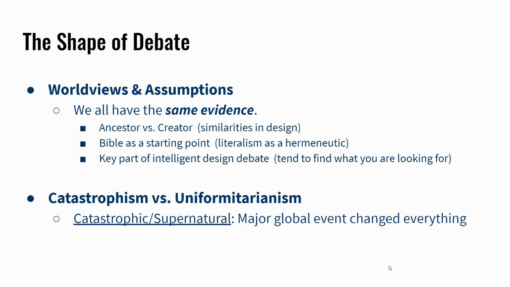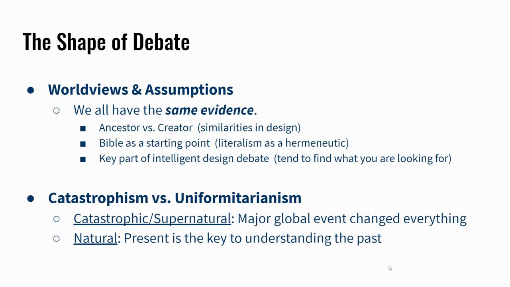And we need to understand that the flood itself was a major, significant, dramatic global event that changed everything. It changed the atmosphere, it changed geology, it changed decay rates. So it's going to alter how old we think things are based off of that. Catastrophic supernatural influence that changes everything. And that's going to shape how we understand the world today and looking backward.